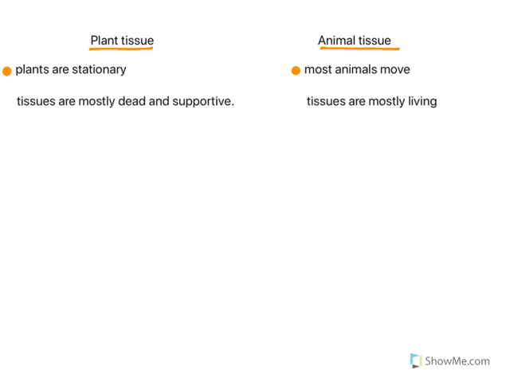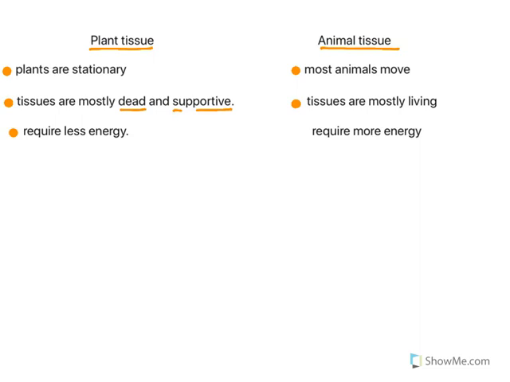The second difference is that the tissues in plants are mostly dead and supportive. They give mechanical strength or support to the plant to remain erect. While in animals, most of the tissues are living. Because of this, we get to the next difference.